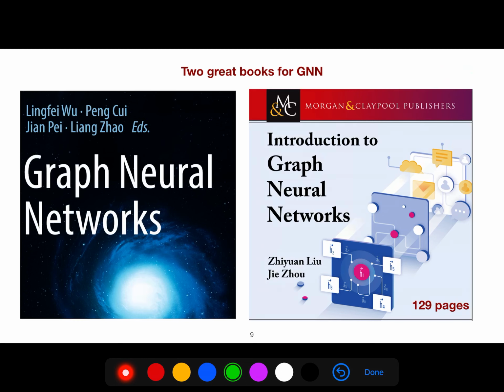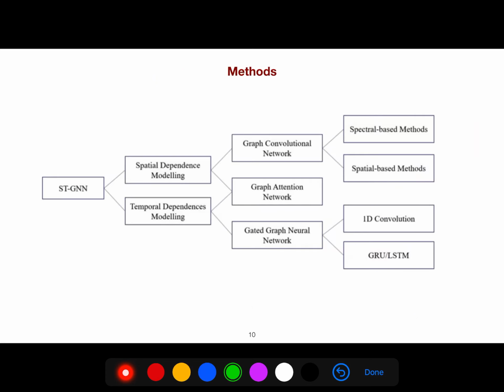And there are 2 great books. This one is just 128 pages, a very nice, good summary. This one focuses on different problems that occur in graph neural networks. And so, there are many methods. One of them is graph attention networks that I will explain in the next lecture.